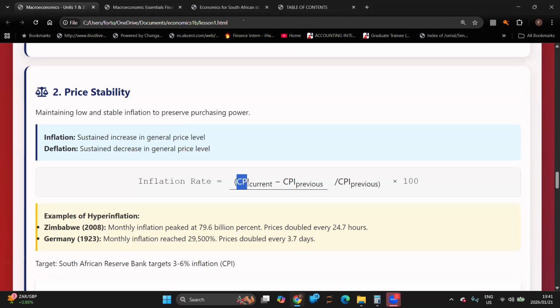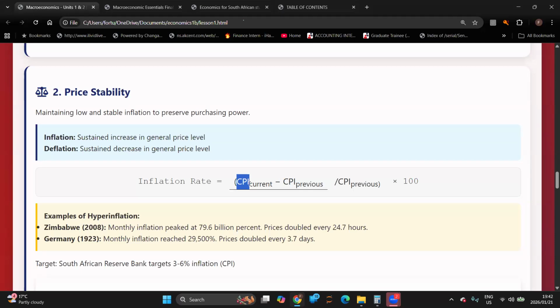This CPI is the one that tracks what we refer to as a representative basket of goods and services. So they select a representative basket of goods and services in South Africa that is required for an average citizen to have access to in order for them to live a decent standard of living.